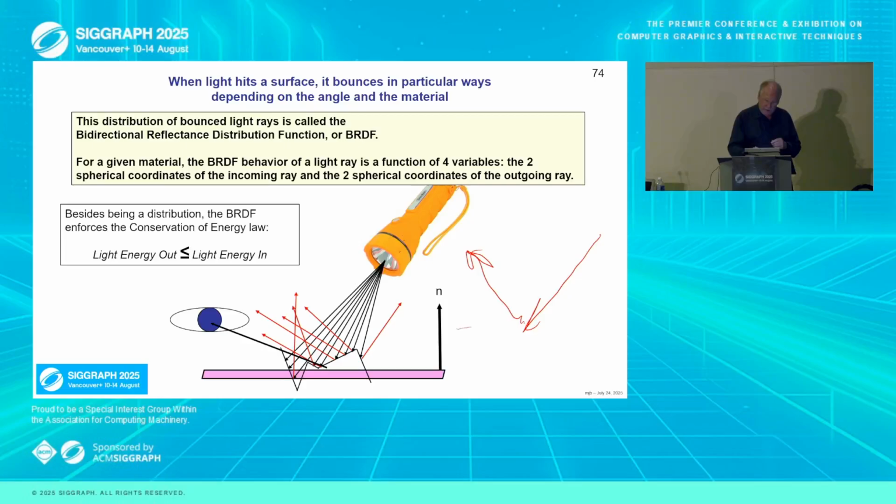If it's a fairly smooth material, it might bounce out in a fairly narrow pattern like that. If it's a rough material, well, it'll bounce out all over the place. And people have run experiments and have documented what that dispersion pattern looks like for different materials.